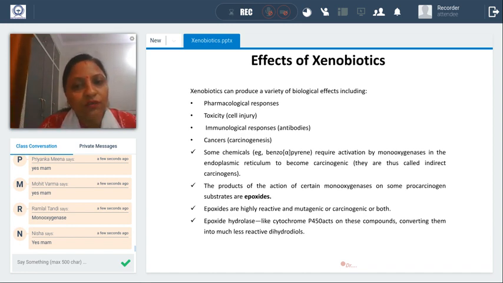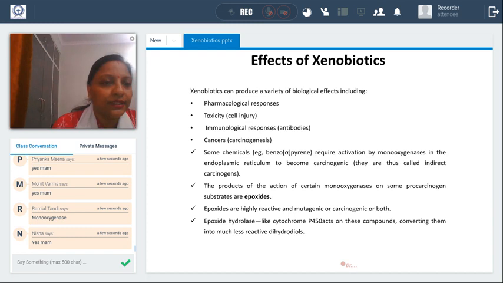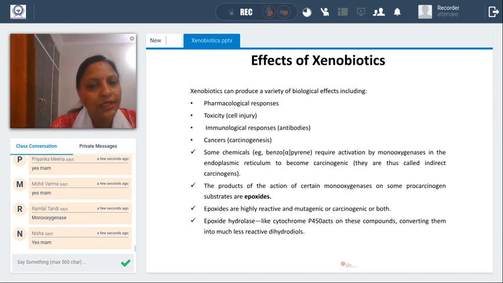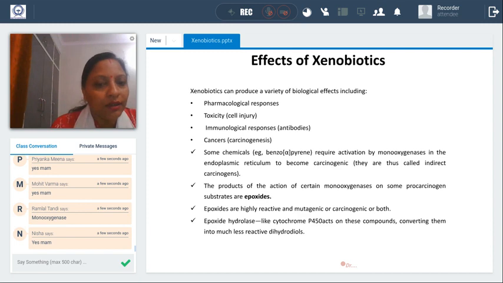The products of the action of certain monooxygenases on some pro-carcinogen substrates are called epoxides. It is an important word, epoxide. Epoxides are highly reactive and mutagenic or carcinogenic in nature, or maybe both. Epoxide hydrolase acts on these compounds, converting them into much less reactive dihydrodiols. So this is the important word, epoxides, in the process of cancer.